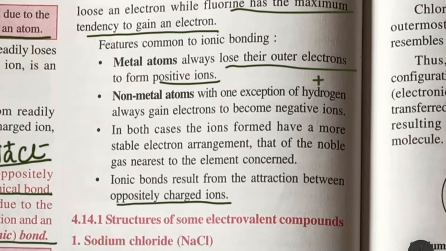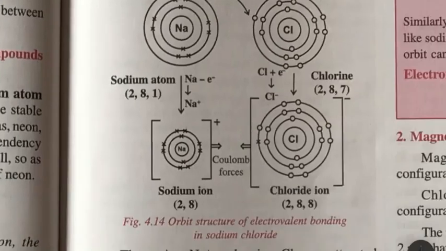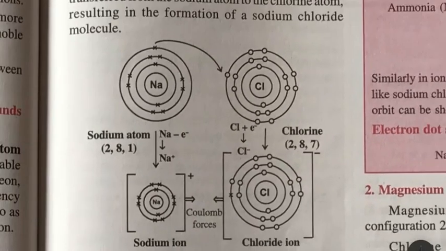Now your assignment will be to draw the structures of some electrovalent compounds. So first we will talk about how sodium chloride is formed. So look at this diagram. The electronic configuration of sodium is 2, 8, 1. Chlorine is 2, 8, 7.